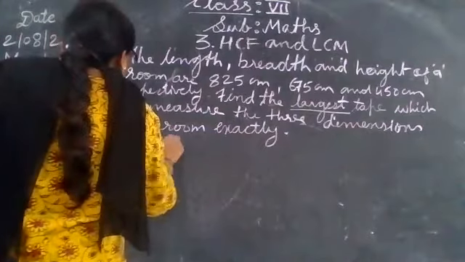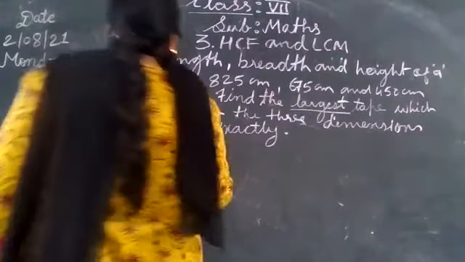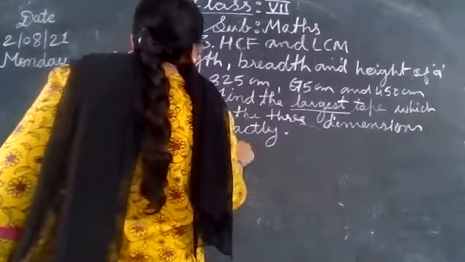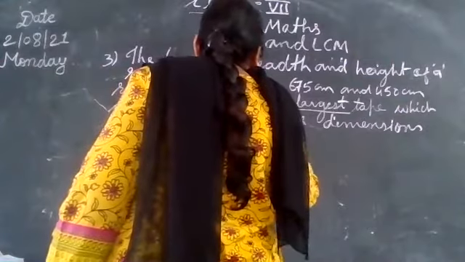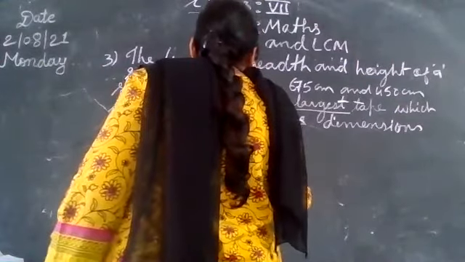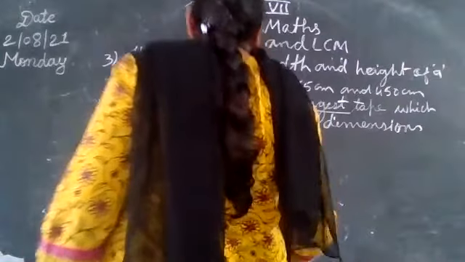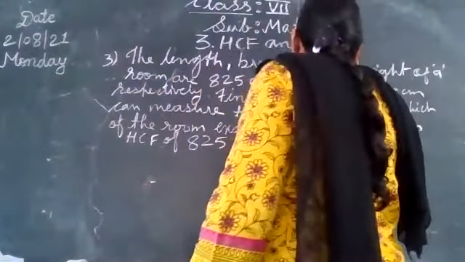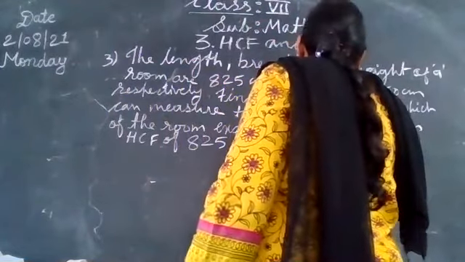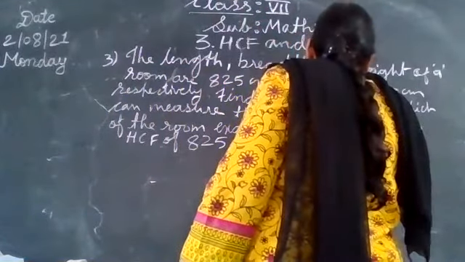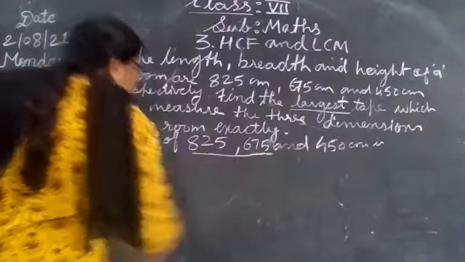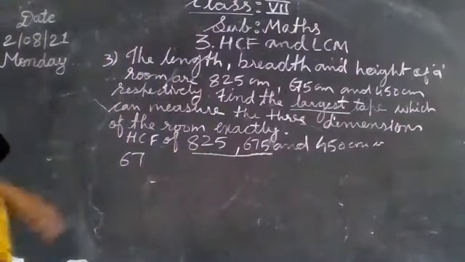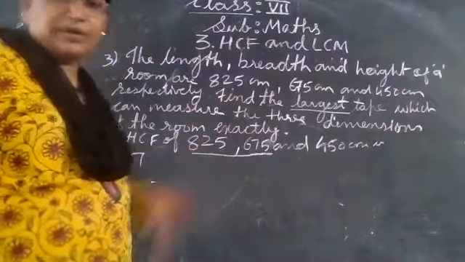So HCF of 825, 675, and 450 centimeter is. So let's find. So start with first we will find the HCF of these 2 numbers and then take the HCF and the third number.